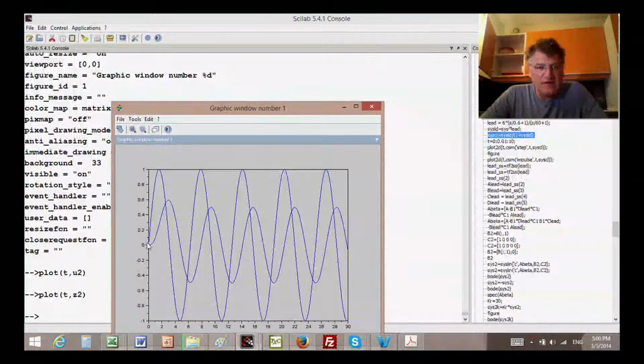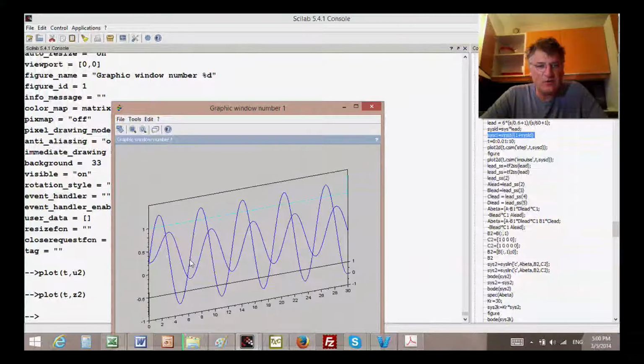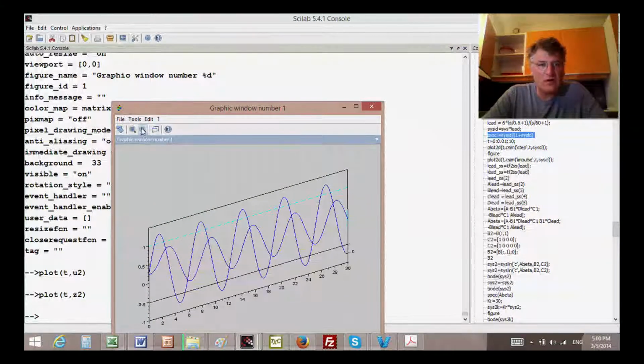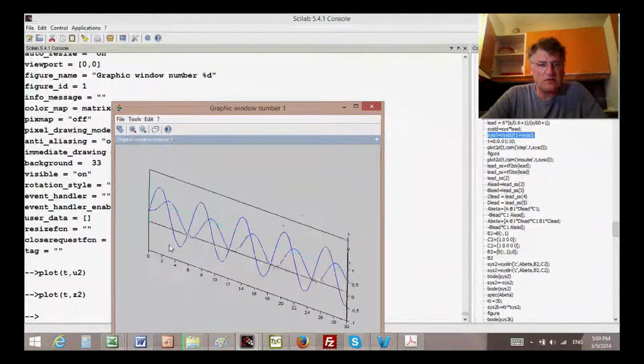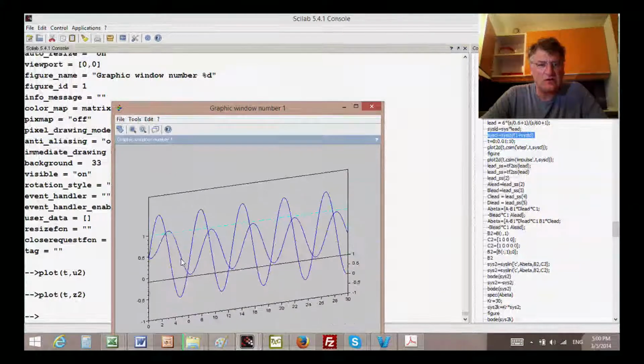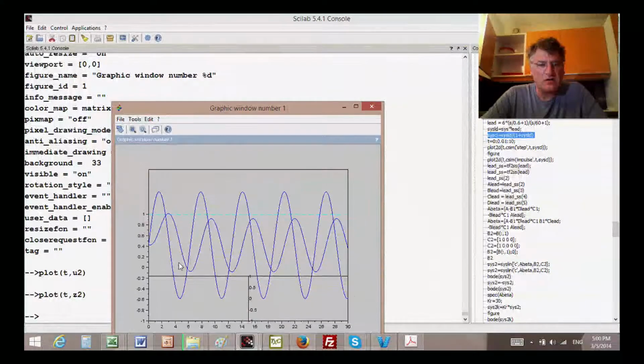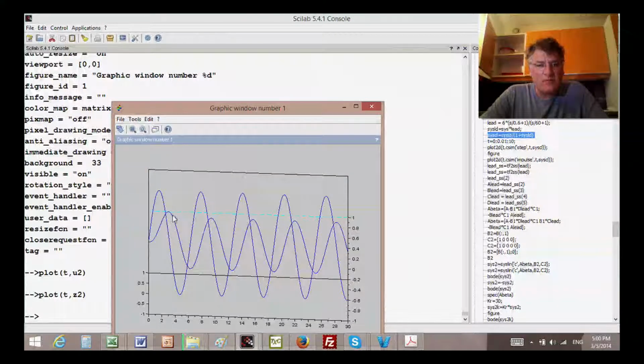And what I see is that my U2 is now the sinusoidal input component of e to the jt.